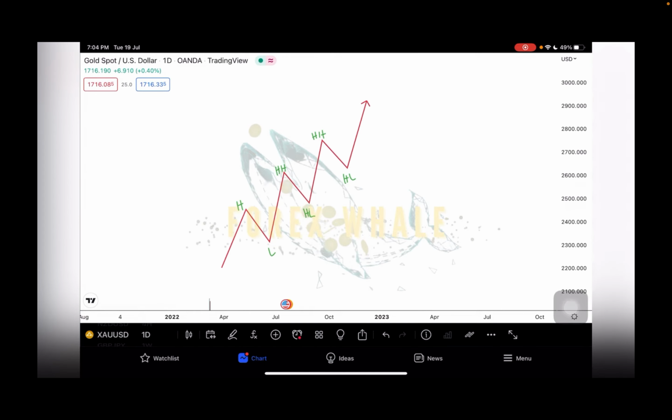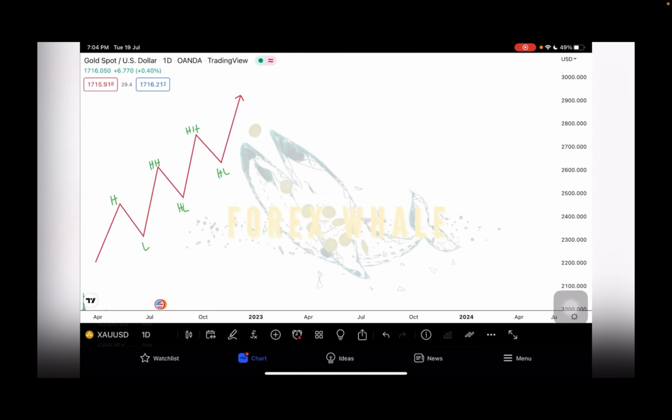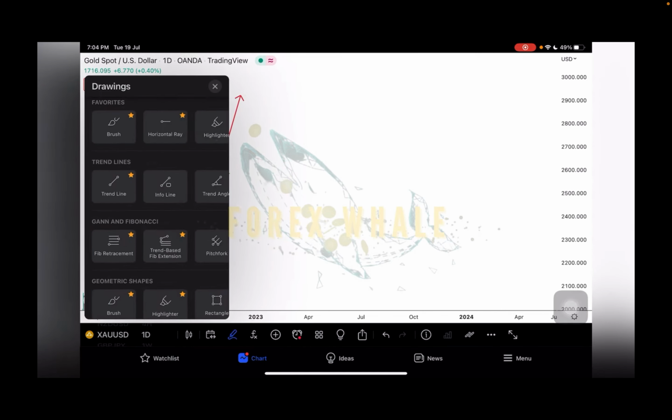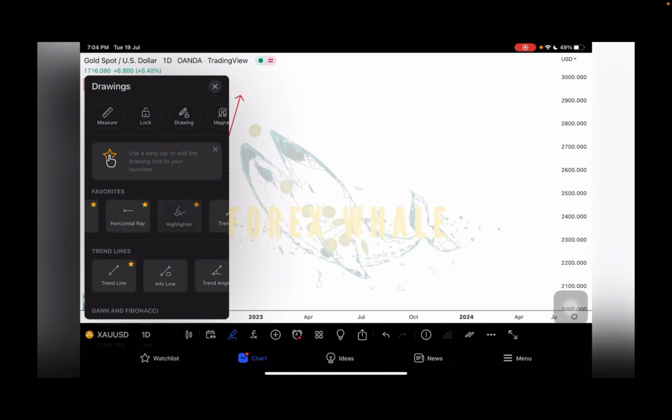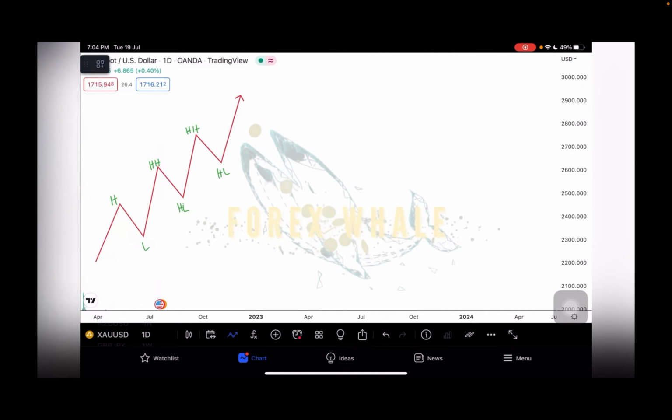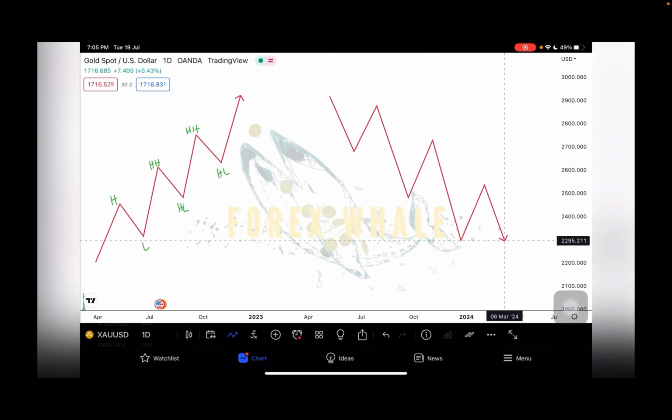All right, so how does a downtrend look like? So here's how a downtrend would look like. Again, I'll use the same tool. You have your low, lower high, lower low, lower high, lower low, lower high, lower low.